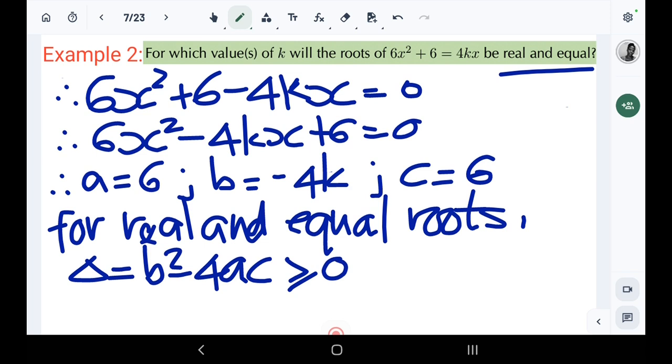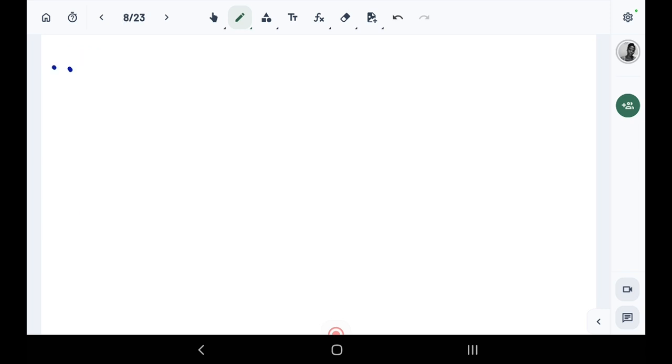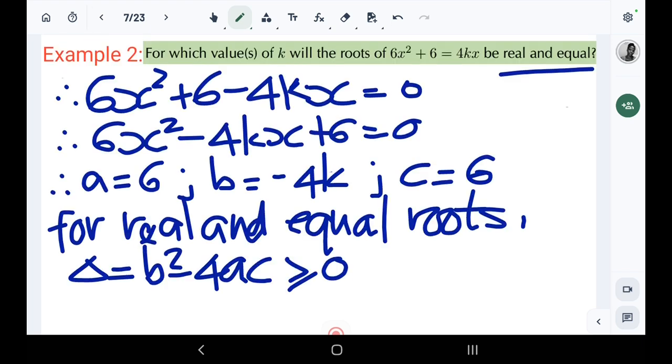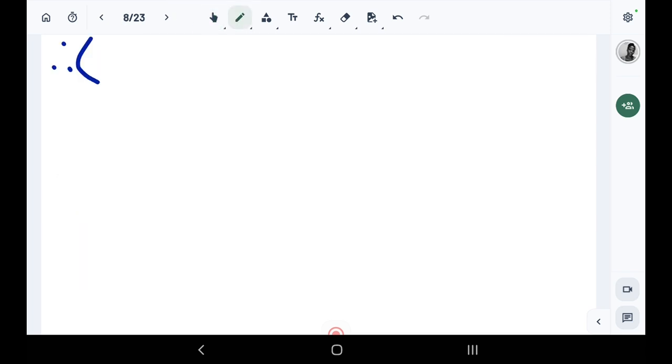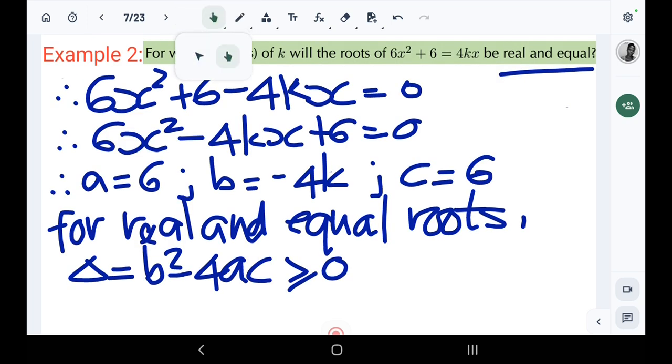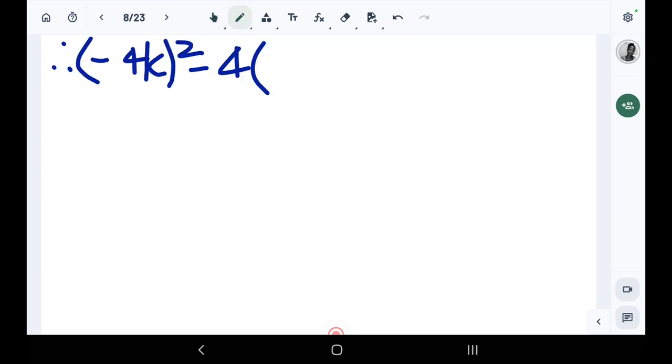Now let's find what b squared minus 4ac is. b is negative 4k, all squared, minus 4 times a, which is 6, times c, which is 6.